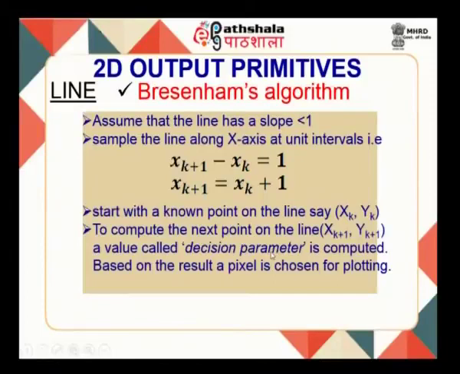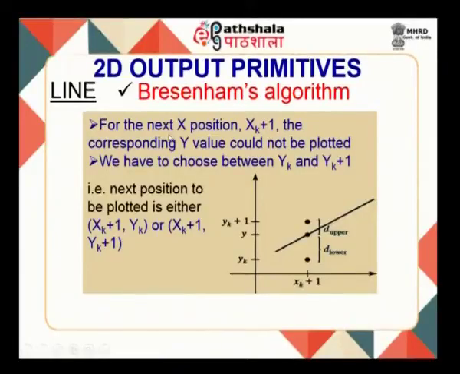For computing every next value, we will be using this variable called the decision parameter, whose value will help us compute the next x value and the next y value. Let us see how we compute the next x value and the next y value based on the decision parameter. So, what is this decision parameter? We will understand that in depth here.